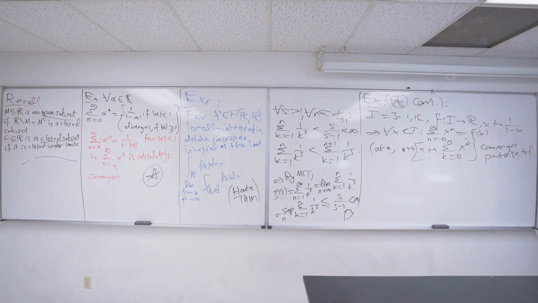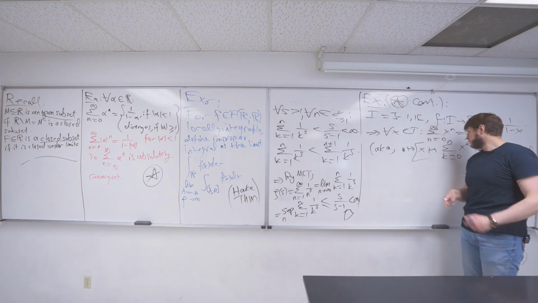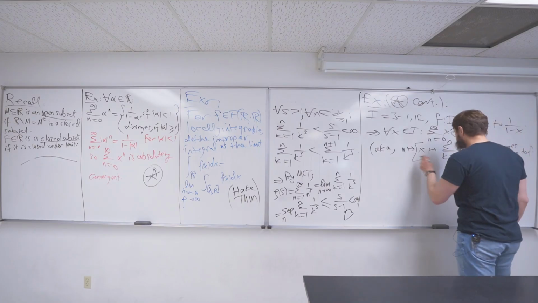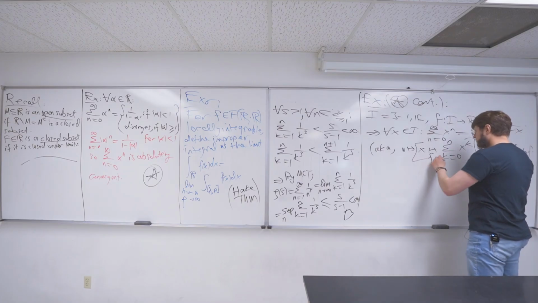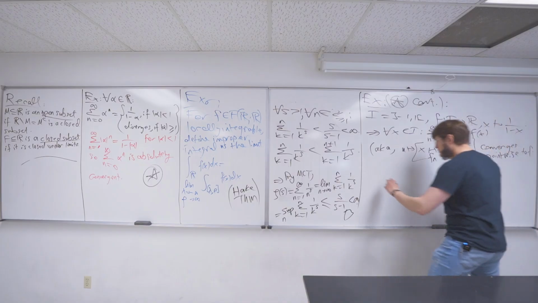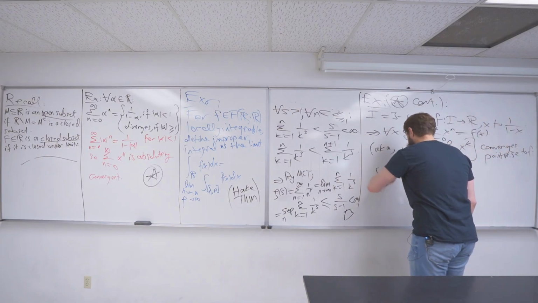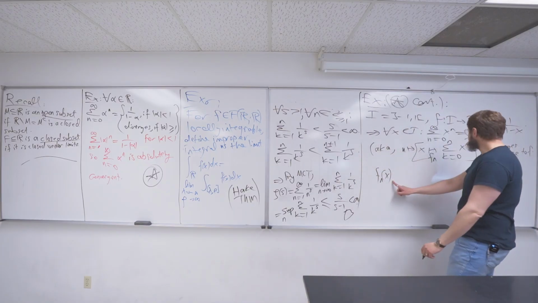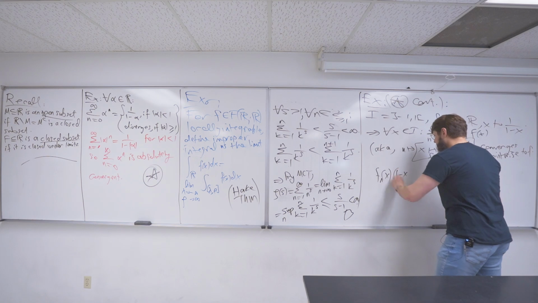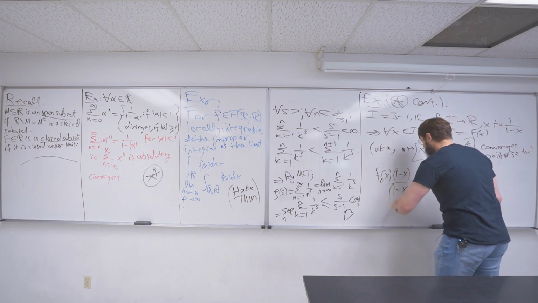In fact, if you were to look back at the calculations that we did, we showed that this, let's call this f sub n. What was this? We multiplied and divided by 1 over x.